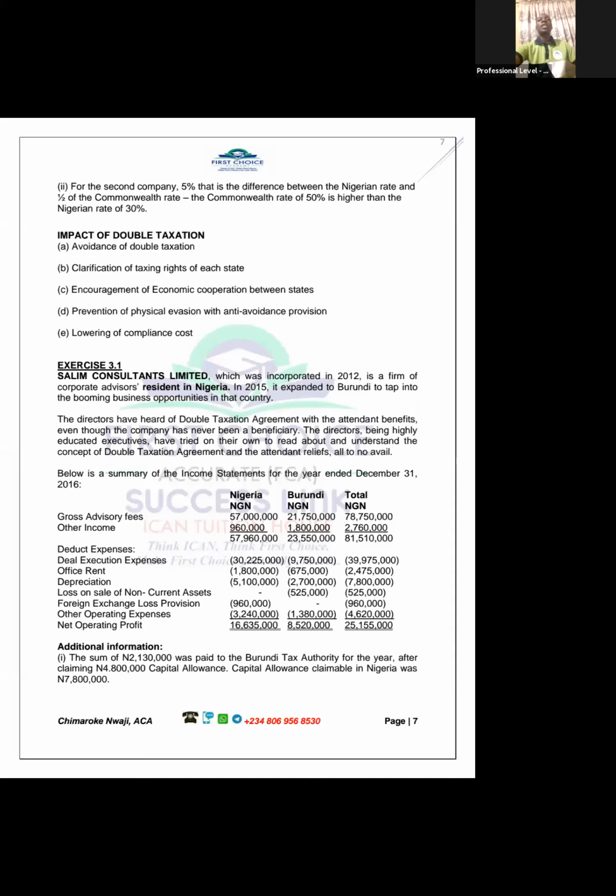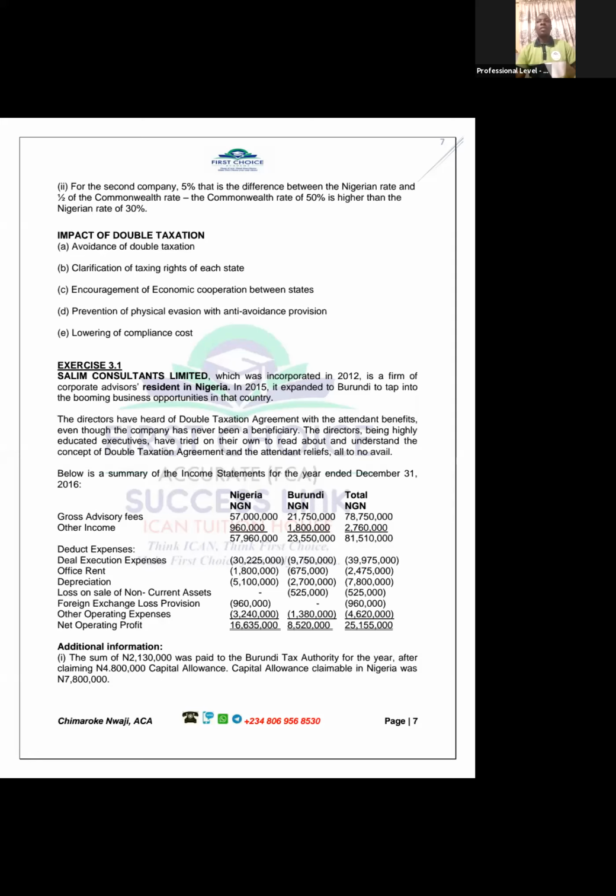Now, can you see Nigeria? Can you see Burundi? Can you see total? Now, Burundi does not use naira. Why are we putting naira there? When you are preparing a consolidated account, you have to translate.